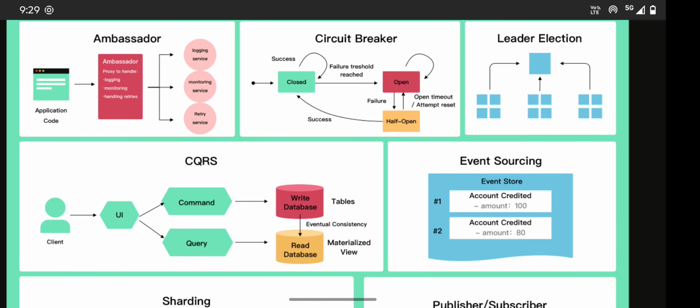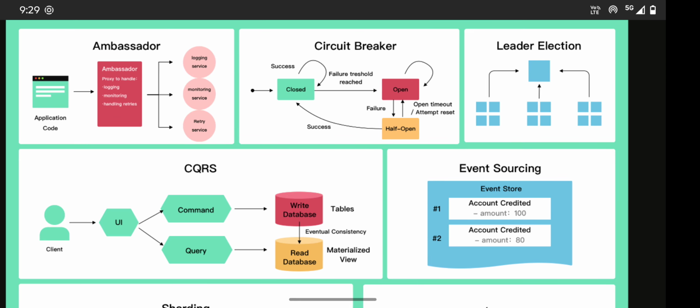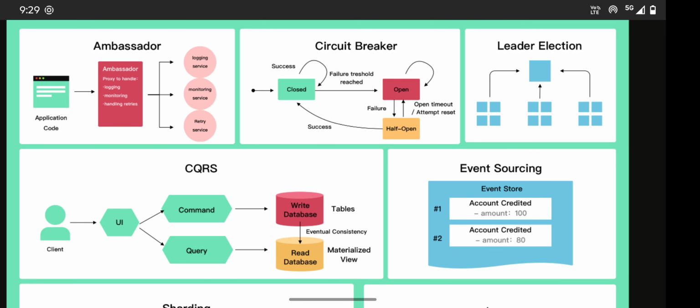So that's where the resilient system design pattern will come to the picture. I'm getting my point, right? Resilient systems means you need to take care of all these scenarios. Whenever your service is not working, how do you respond? What kind of response would you use? You need to create fallback methods. What is your fallback method?